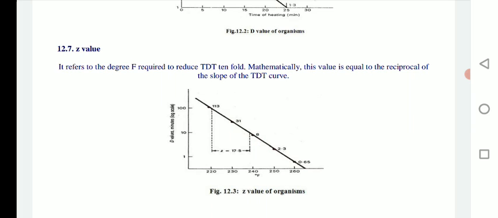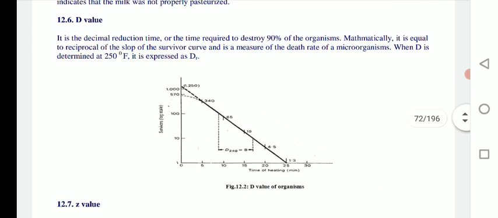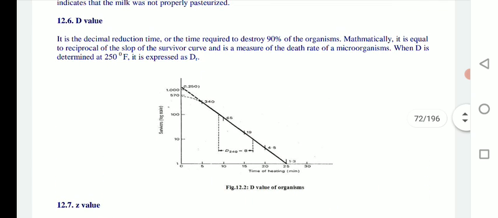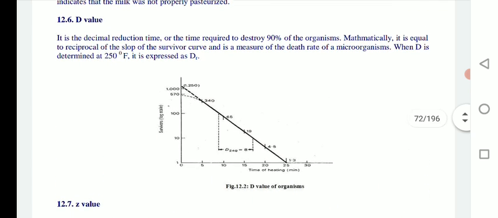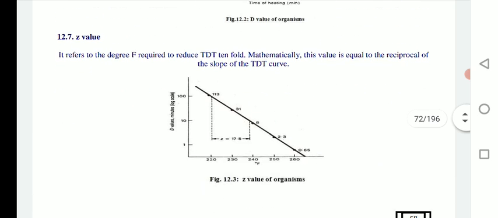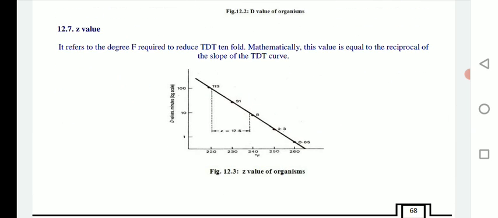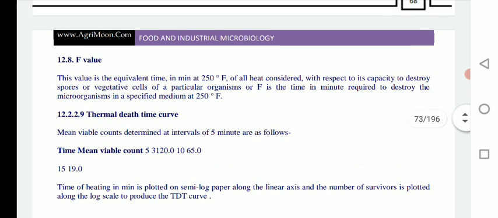So here, what do we calculate? We calculate temperature for Z, and for D we calculate the time. For D value we calculate the reduction time, and for Z value we calculate the specific temperature to reduce thermal death time tenfold.